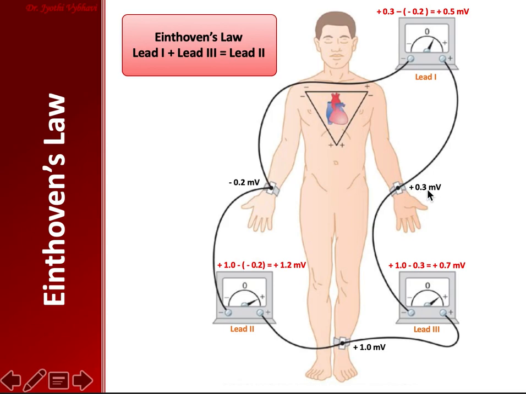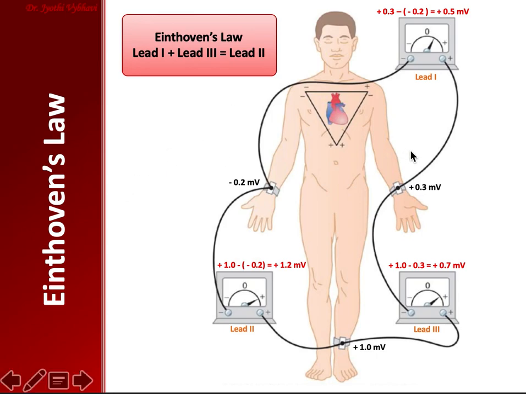Left arm is plus 0.3 millivolts, whereas the left leg, it is plus 1.0 millivolts. Let me repeat it properly. The right arm is minus 0.2 millivolts, negative with respect to the average potential of the body.